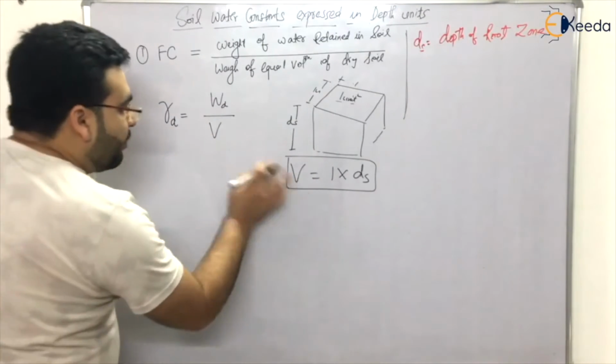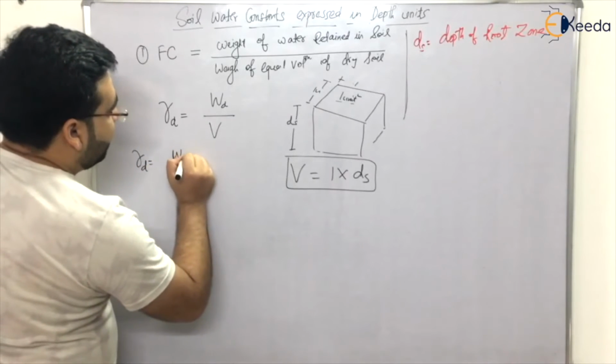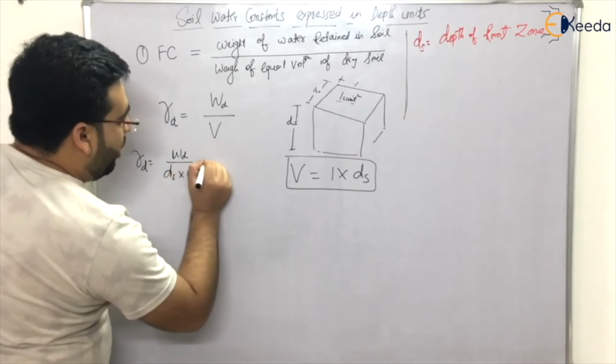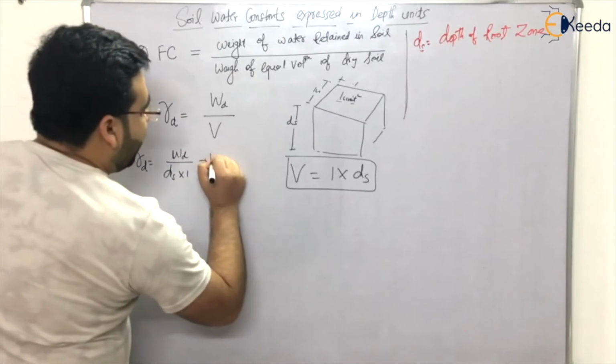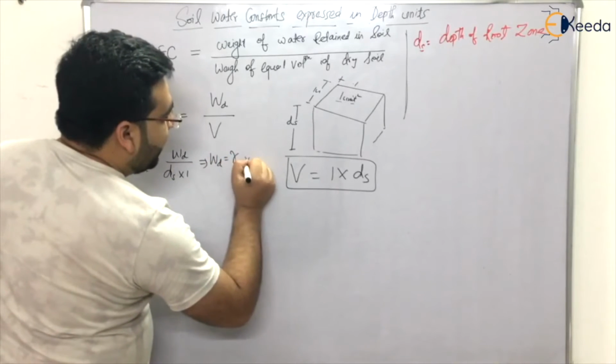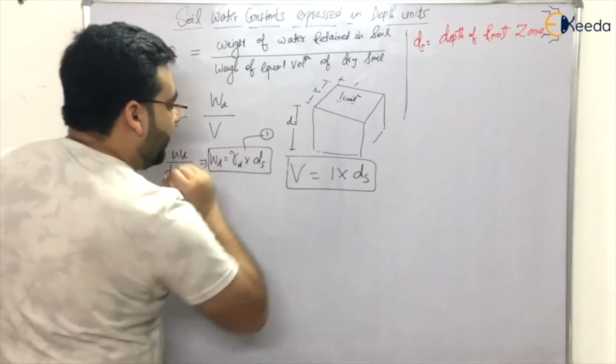So I get gamma D equal to weight of the dry soil divided by ds into 1, or I can write that weight of the dry soil equals gamma D into depth of the soil. This is equation number 1.